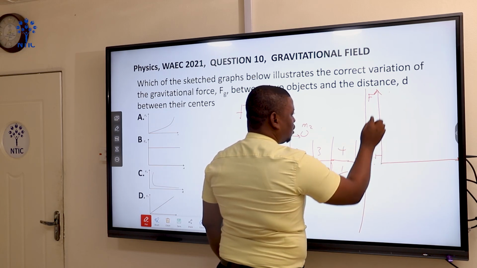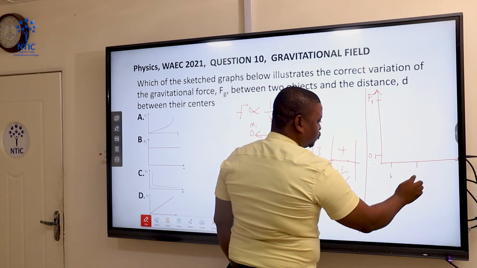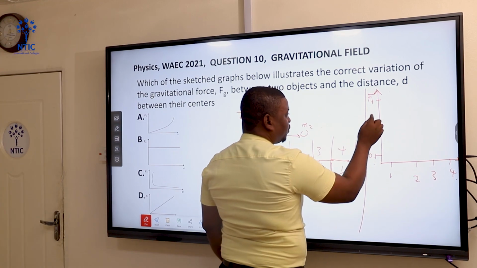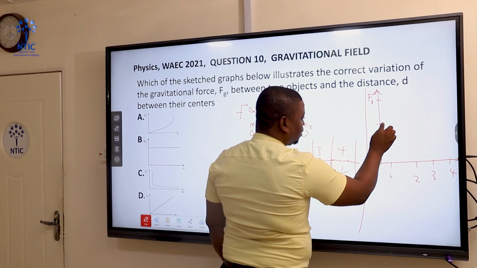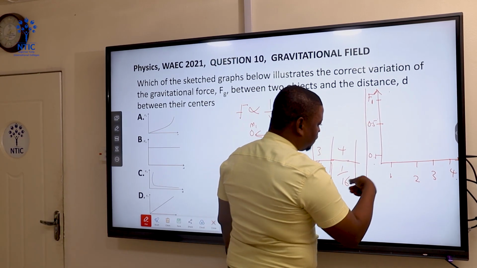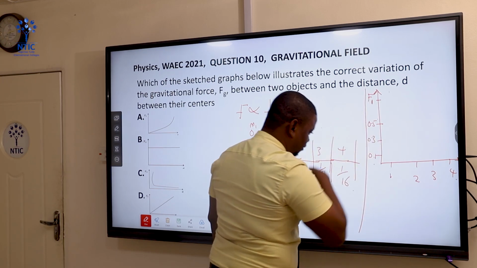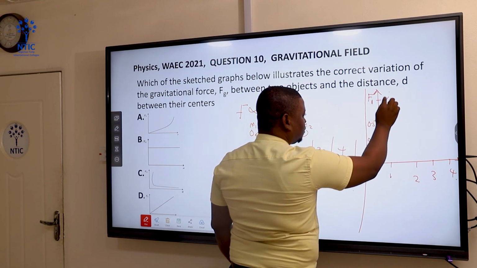Let's say I have 1 here. So I have my 1, 2, 3, 4. Let's say here is 0.5. So I have maybe 0.3 here and so on till I get to 1. So at 1, my force is 1.